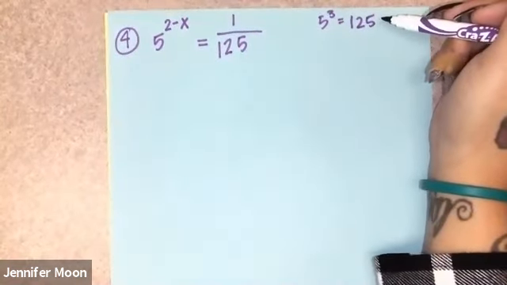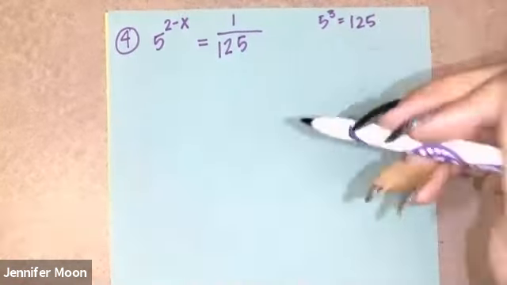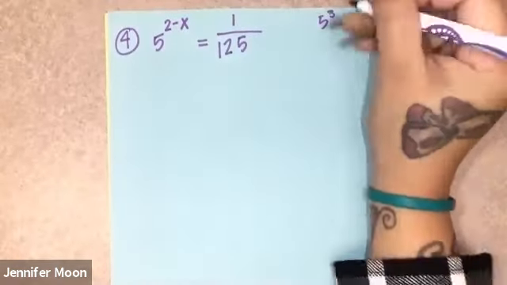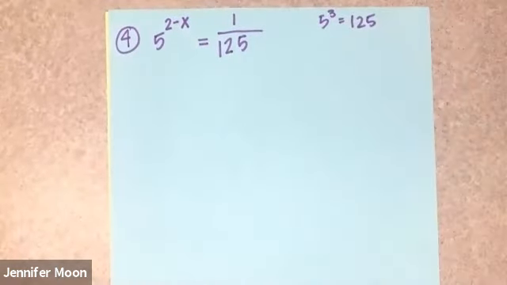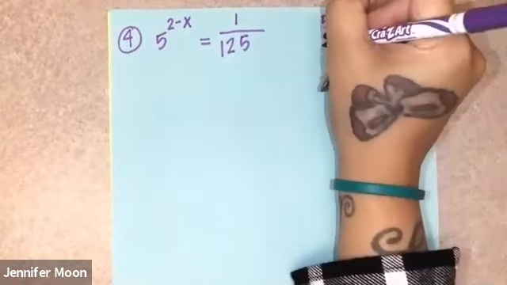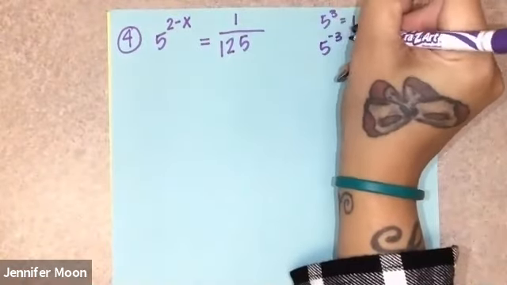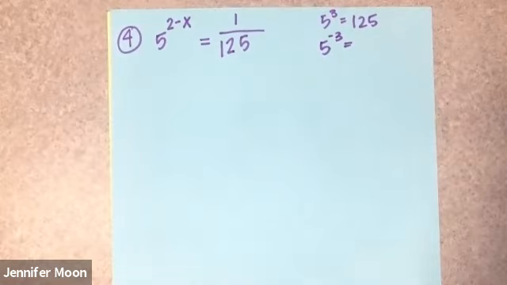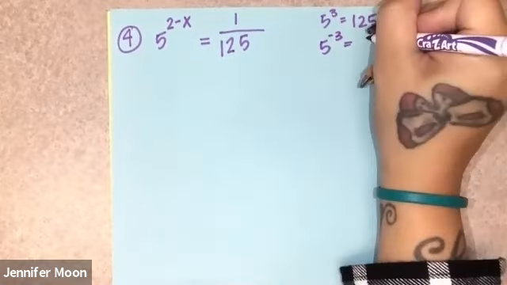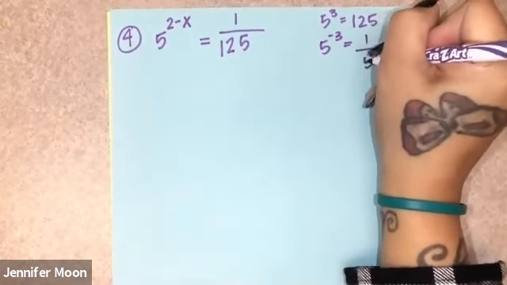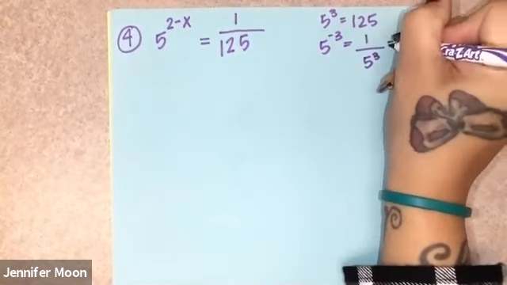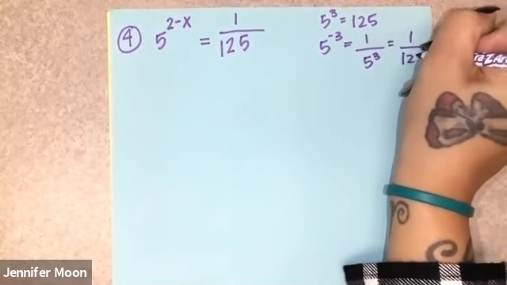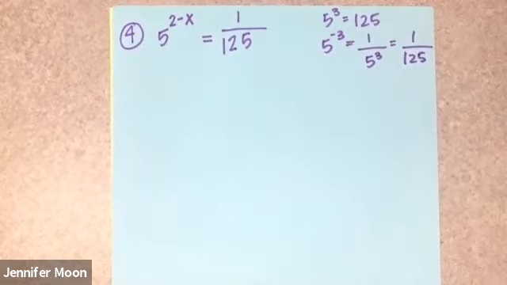But I don't need this whole number 125. I need it to end up being a fraction. And the only way that I'm going to have something raised to an exponent and the answer be a fraction is if my exponent is negative, right? Because 5 to the negative 3 would be 1 over 5 cubed, which is 1 over 125. Does that make sense?